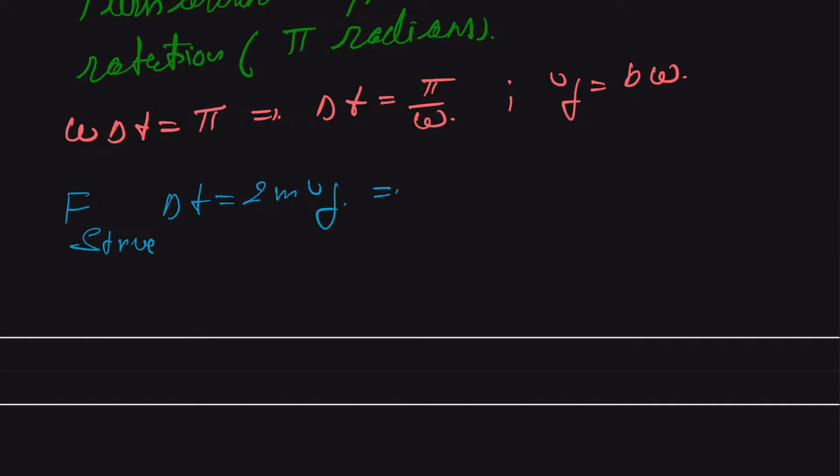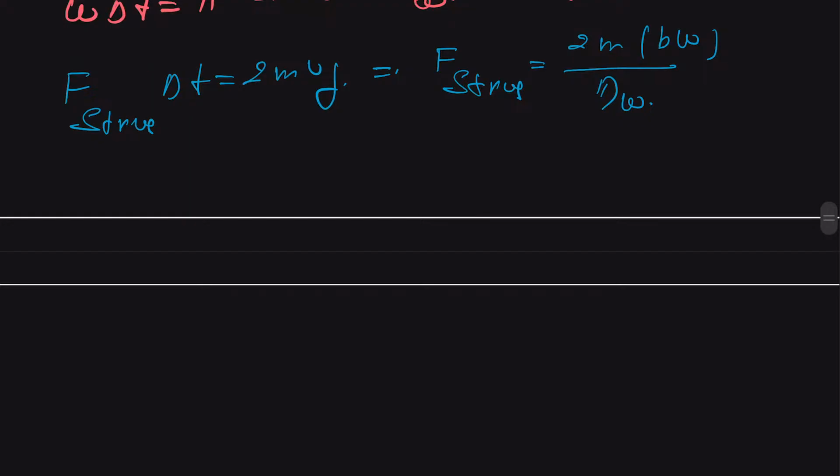So we can say from here that our f string will be equal to 2m Vf, with delta t being pi upon omega. Therefore we get this f string will be equal to 2m b omega square upon pi.